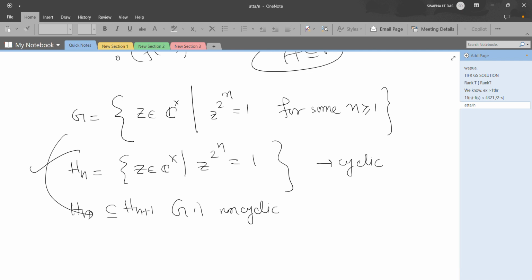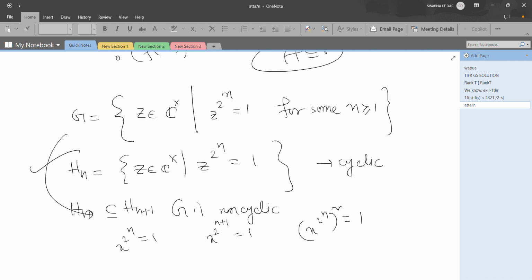I hope you can do this, or I should properly mention that you can see that Hn is cyclic. That is easy, and Hn is contained in Hn plus 1. That is also easy, because if x belongs to Hn, that means x power 2 power n is 1. That means x power 2 power n plus 1, that is also 1, right?